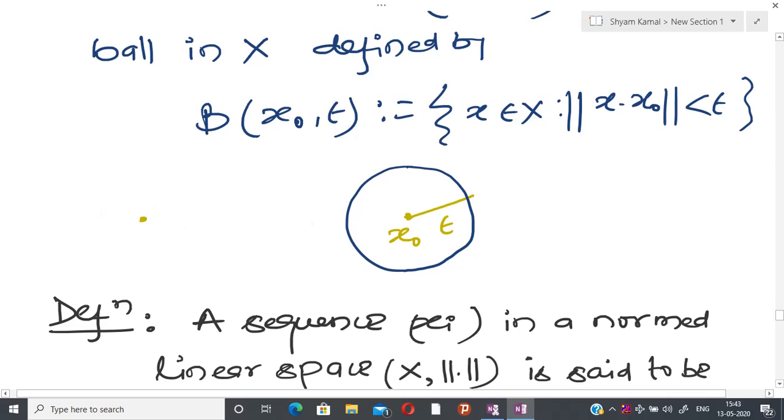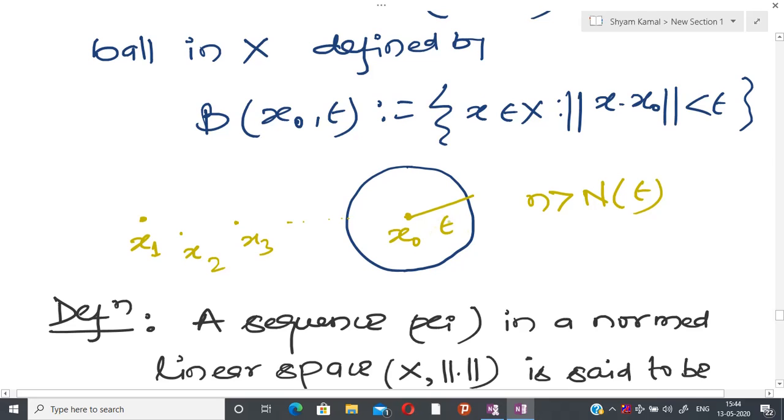Suppose some sequence x1 is generated here, then next, as a vector, I have x2, x3, and similarly after a large time n, which is a function of epsilon.